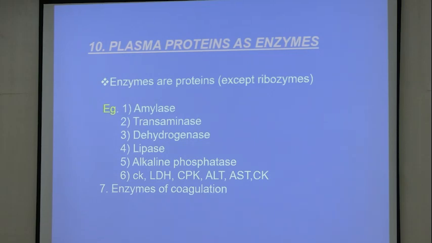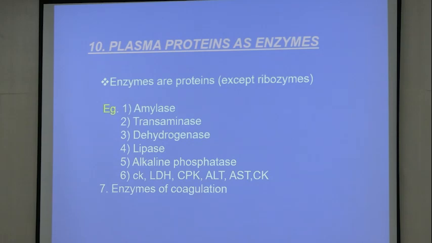When the liver is damaged, say in hepatitis, infective or viral hepatitis, actually liver cells are damaged. And liver cells have a lot of enzymes, such as LDH, ALT, AST, SGPT, SGOT. These are the liver enzymes.